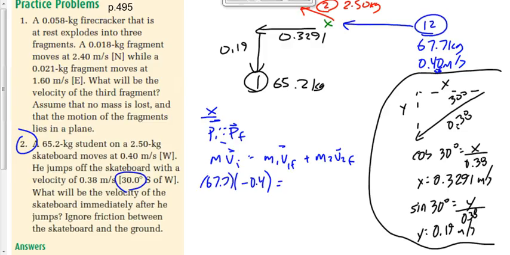M1 here is 65.2 times, what's the value that we use here? V1F, the V1F X component. Good. 0.329, but we're going to make it negative actually because it's to the left, right?